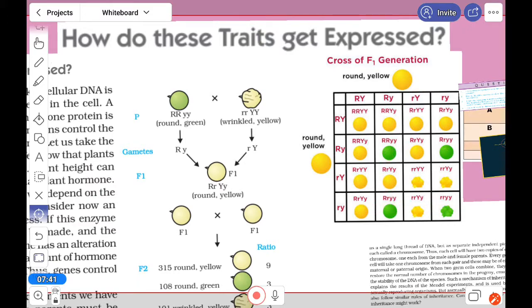It means that they have all the genes, they are independent, and they can recombine into any kind of gamete, so they are free to do that. So in nature it happens.